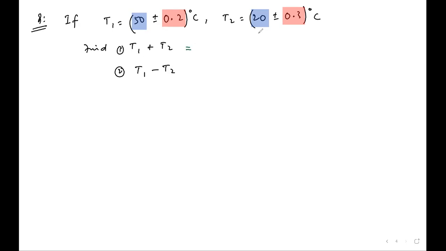If you want to add these two terms, according to the rule, on addition, true part will be added with true part, so it will be 50 plus 20 as true part, plus minus, error will be added with error, so on combining, it will be 70 plus minus 0.5 degrees Celsius as your final answer. Is it clear?